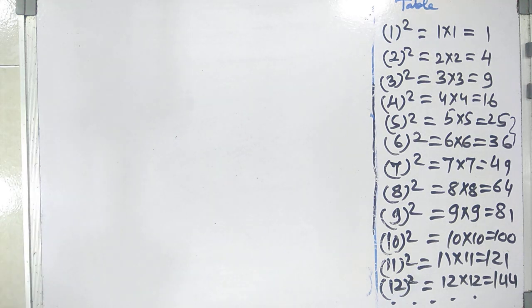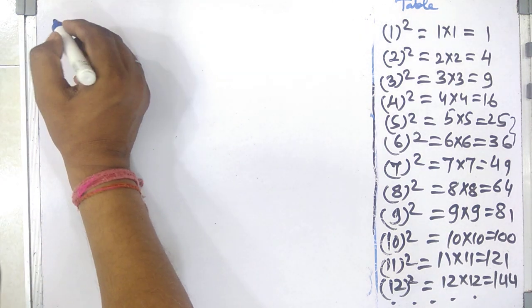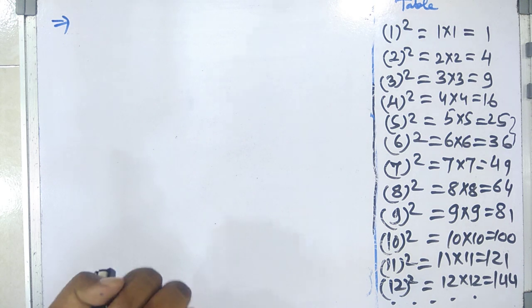Next, if the number is a square number, it is the sum of successive odd numbers starting from 1. Students, next property.